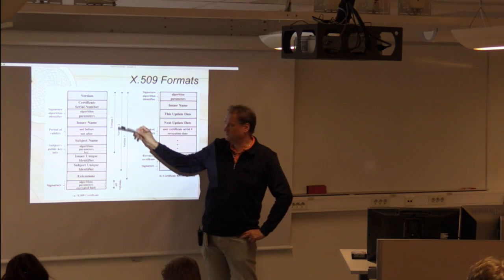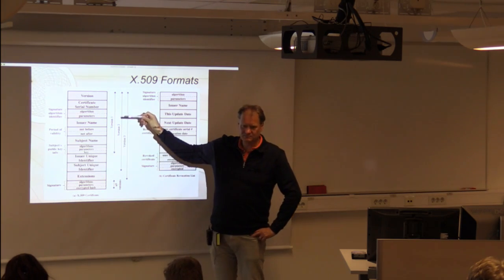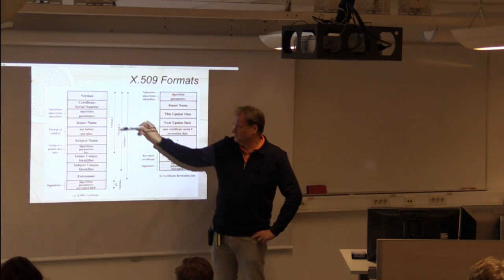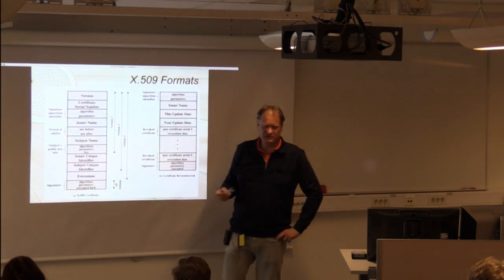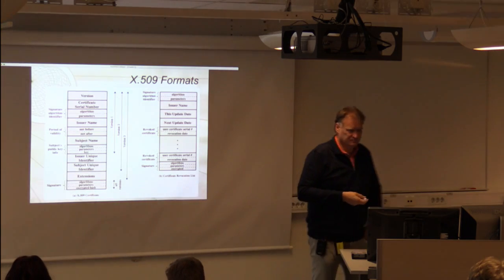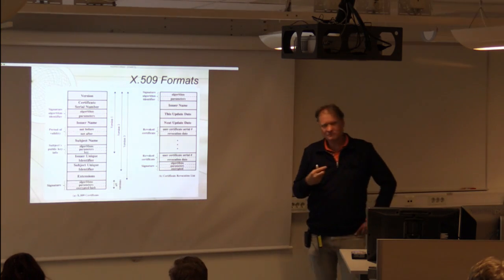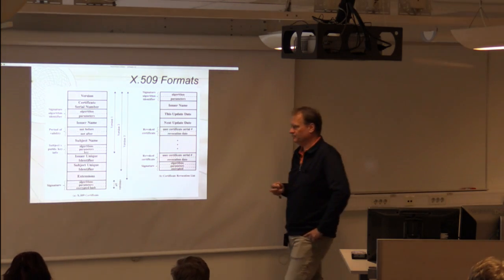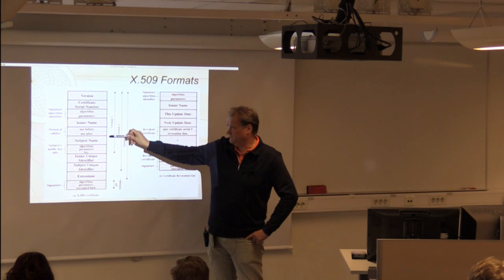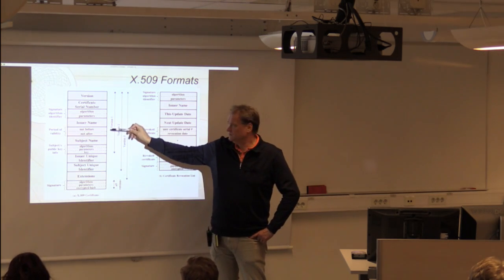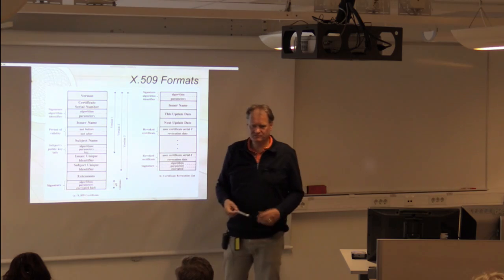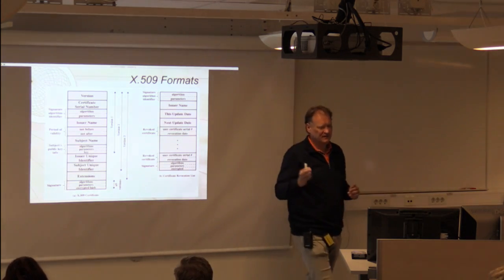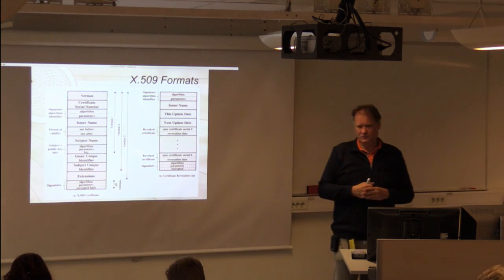So it's information about the certificate authority's key that is used to sign the certificate. Then we have an issuer name, which is the name of the certificate authority. It's just a plain name, a text field. Then we have a period of validity: not before, not after. So we can pinpoint exactly at what time it will start to work, and at what time it will not be valid anymore.